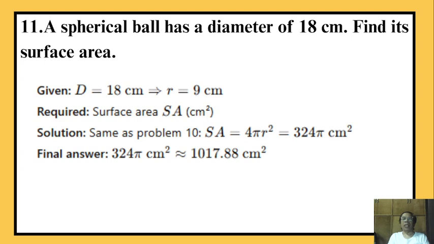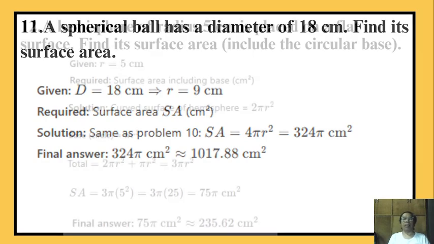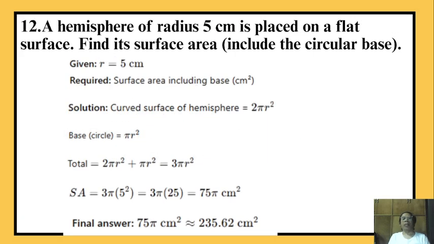So the formula to be used is SA is equal to 4 pi r squared. Substitute the given data. The answer is 324 pi centimeters squared, equivalent to 1017.88 centimeters squared.